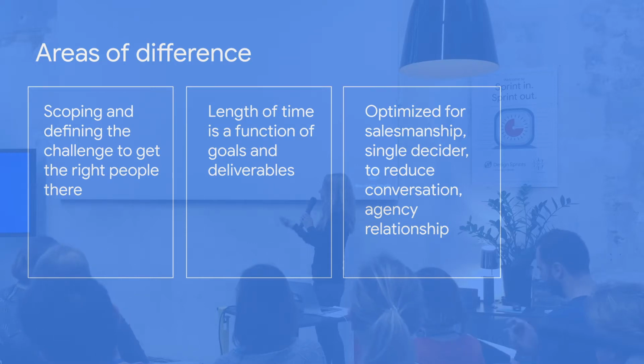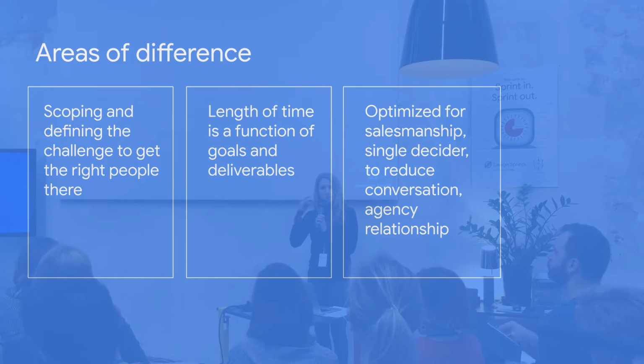Some key areas of difference that we encountered when we tried to merge them were in scoping and defining our sprints. We were spending a lot more time in preparation, because in a large company where you can't clear people's calendars, it was very hard to get people to come to the sprint unless it was scoped really well and really clearly defined. And it's very important, as you know, to get the right people to the sprint.